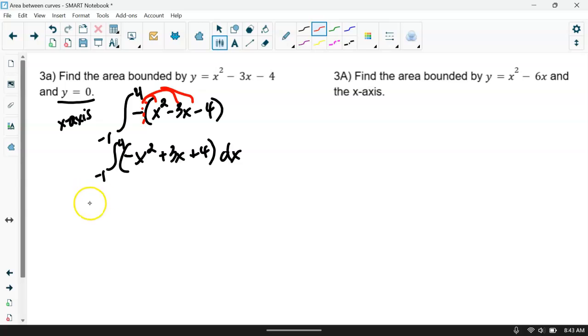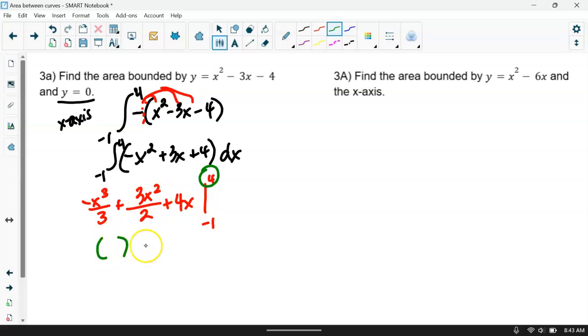And here we go. So the integral is -x to the third divided by 3 plus 3x squared divided by 2 plus 4x from -1 to 4. So then again, you had to substitute 4 in for x, get your value, minus substitute -1 in for x, get your value.